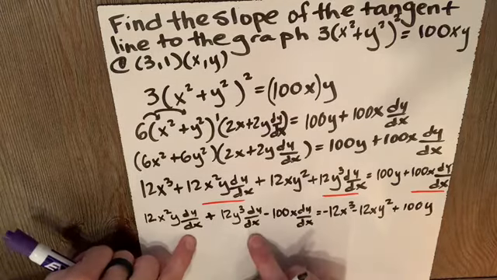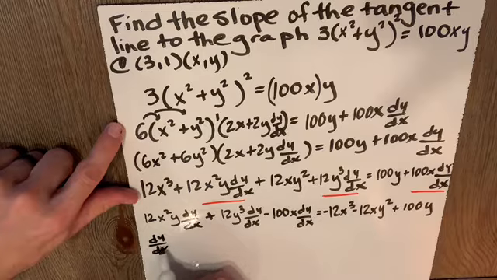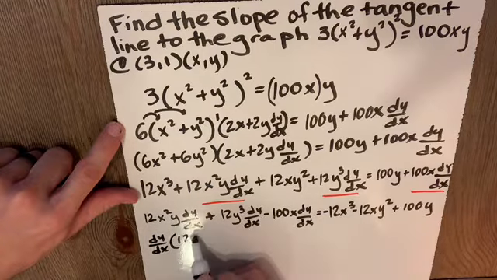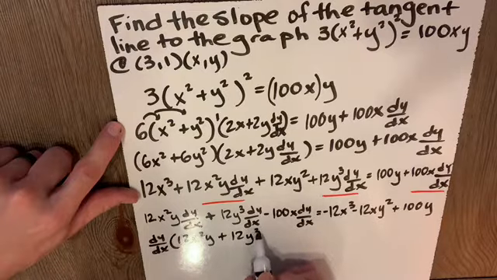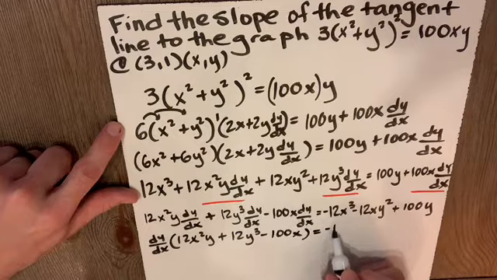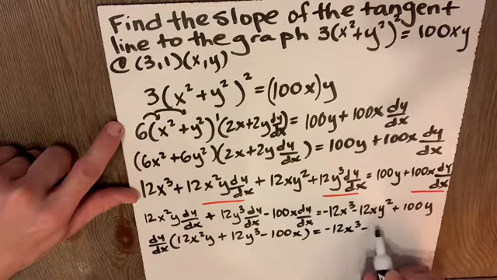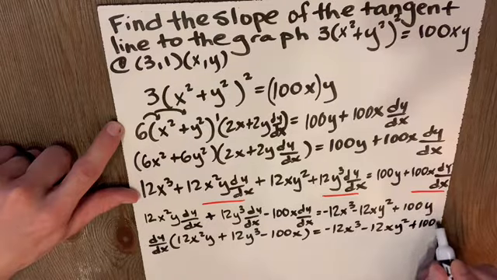I've got dy dx, dy dx, dy dx, dy dx. I'm going to factor that out: dy dx times 12x squared y plus 12y cubed minus 100x is equal to negative 12x cubed minus 12xy squared plus 100y.